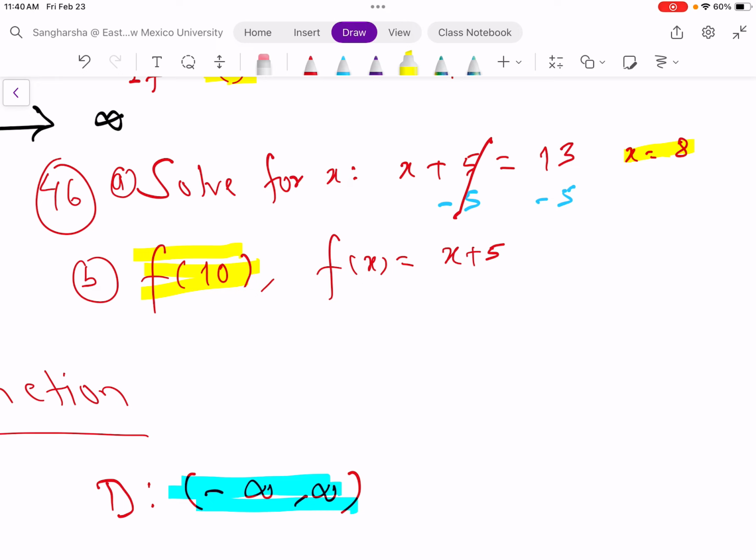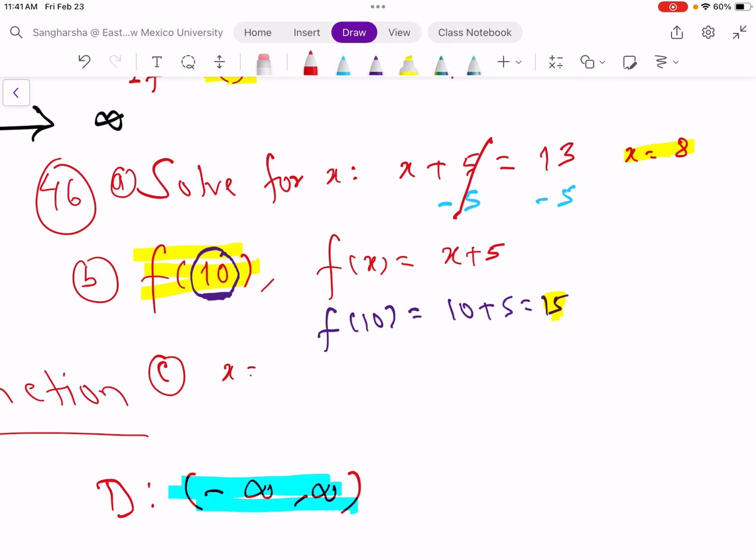Whatever you have inside the parenthesis is your input. So when your input is 10, we are asked to find the output, and for that we substitute this input for every x in the function. So f of 10 equals 10 plus 5, and we get 15, and this is the output for input 10.